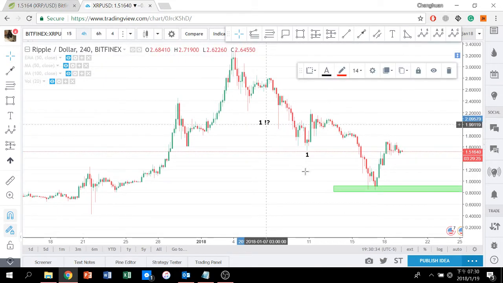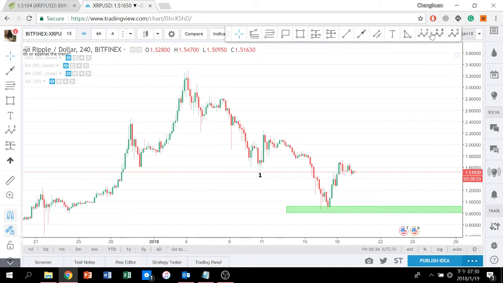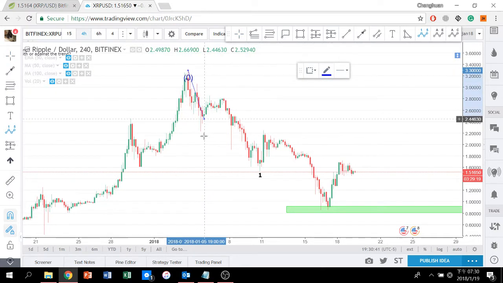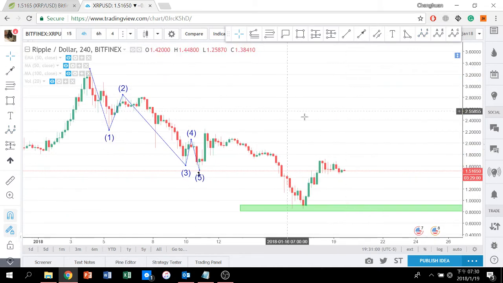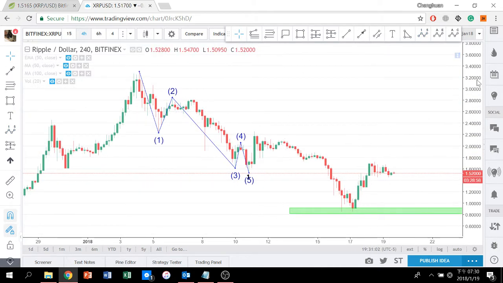So instead, if we draw it here, we can clearly see the legs. 1, maybe this would be 2. It can be quite subjective, right? Because we're trying to find the peaks on the upper side and the lower side.